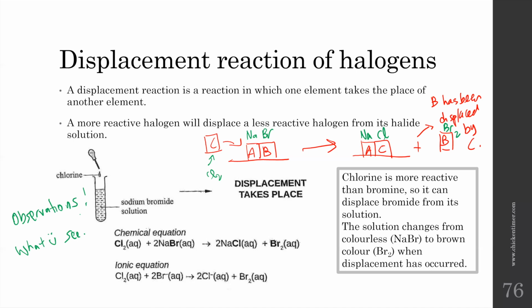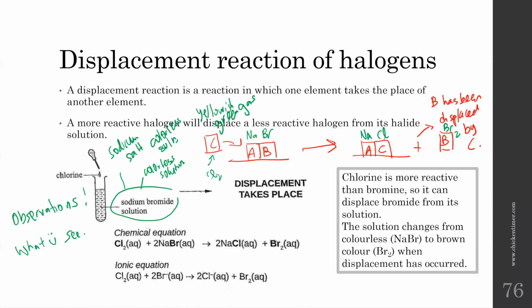In this case, chlorine is a yellowish green gas, or greenish yellow gas, thrown into sodium bromide. Sodium bromide is a colorless solution, because most sodium salts are colorless solutions.